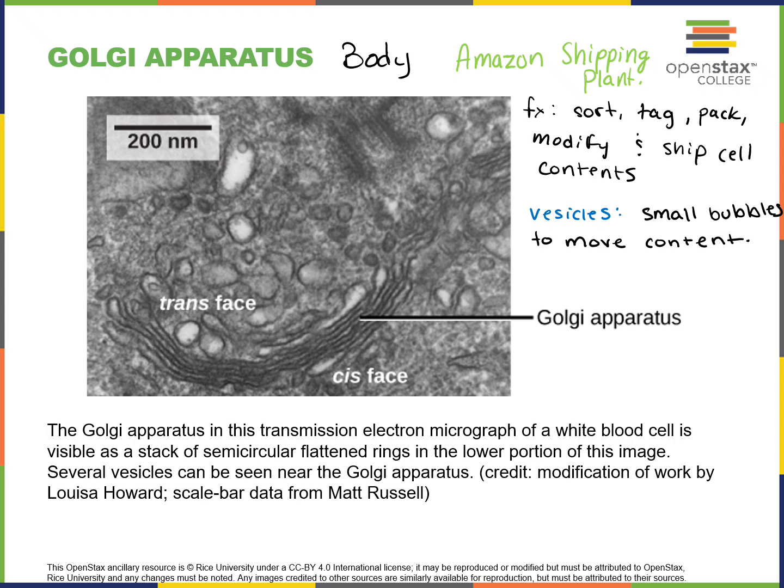Okay. These small little bubbles help move content. They're called transport vesicles more specifically. Okay. So things will come in on one side of the Golgi apparatus and then exit through the other. And it has a trans face and a cis face. One of them faces closer to the endoplasmic reticulum, the other is on the opposite side.